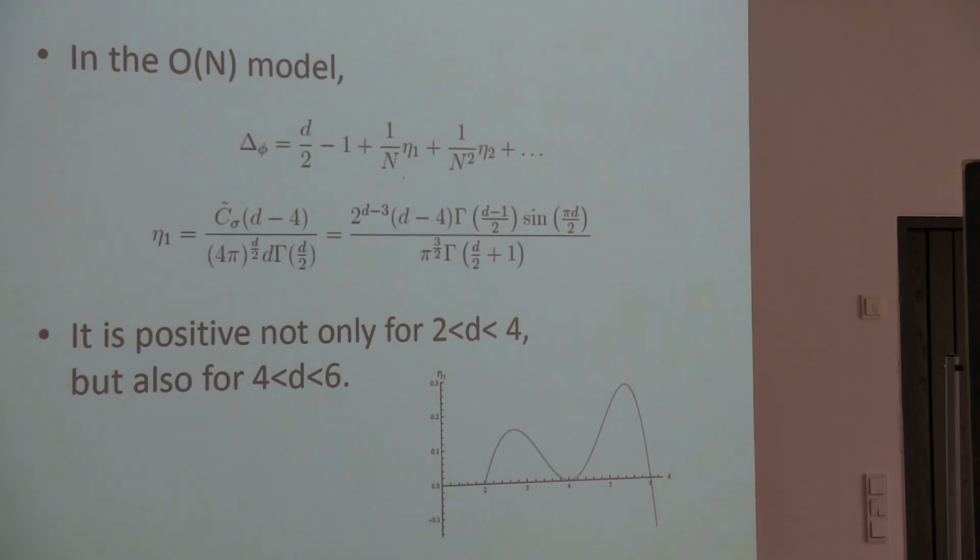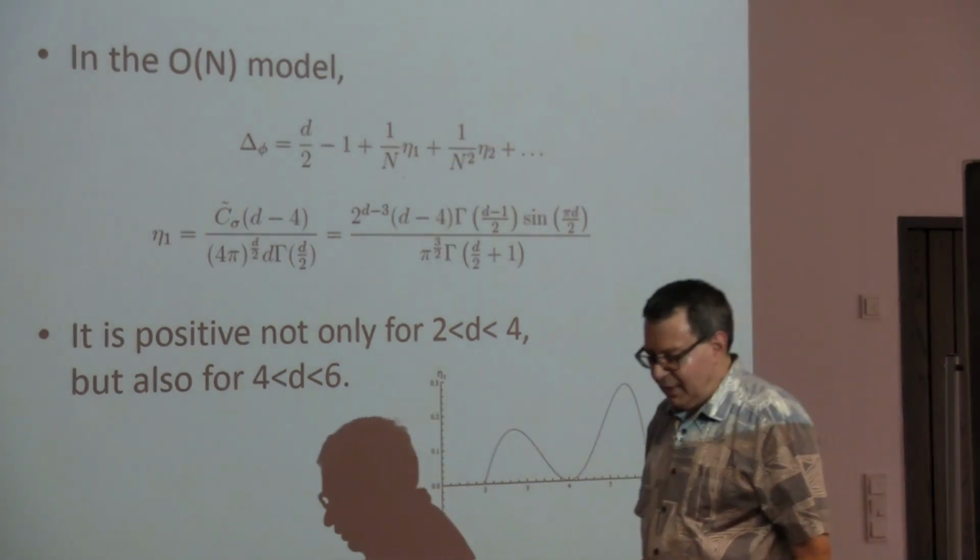But let us first try to see if we can define this theory better, because if you define this theory via this phi to the 4 interaction, then the interaction term is irrelevant. So that theory is not renormalizable. So that's, strictly speaking, not allowed.